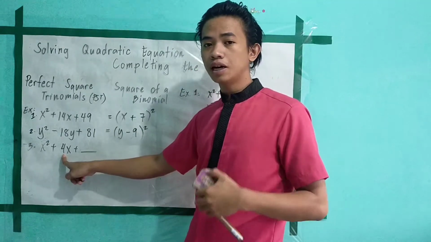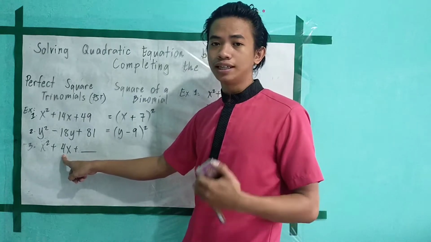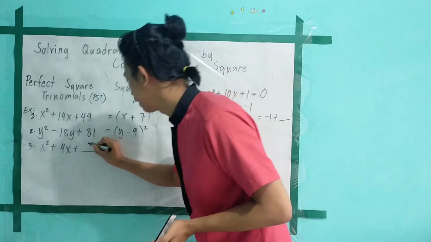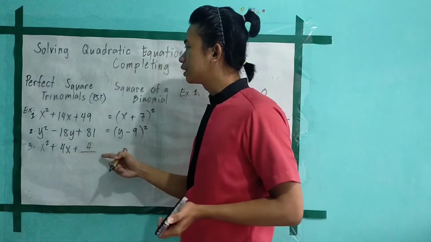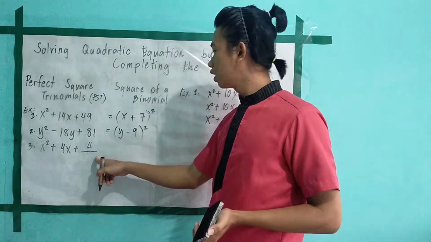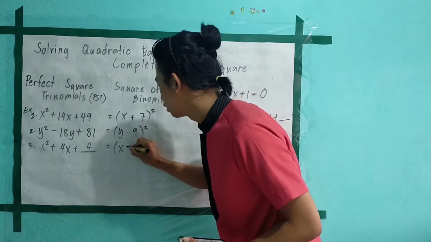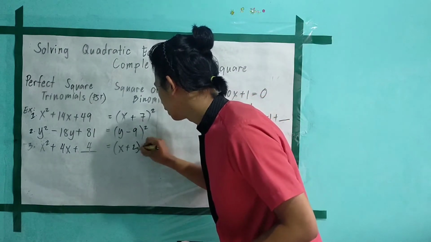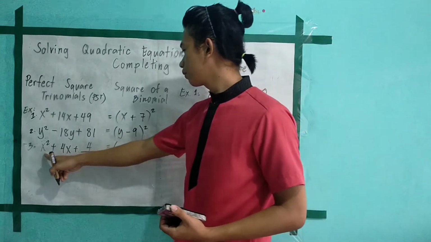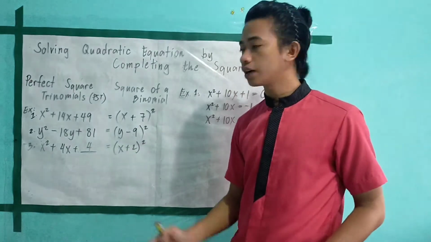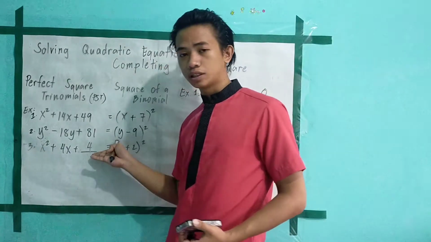So, 4 divided by 2, we have 2. Then, square natin, 2 squared, we have 4. So, ayun na. Ito na ay isang perfect square trinomial. When we factor this one, we have x plus 2, then square. Square root of the first term, square root of the last term, that's it. That is the factor of our perfect square trinomial.